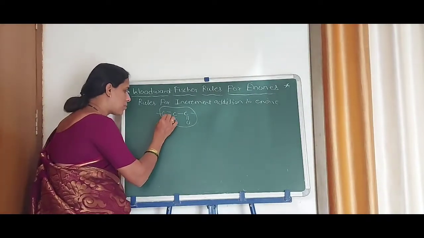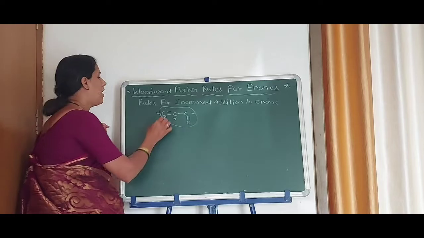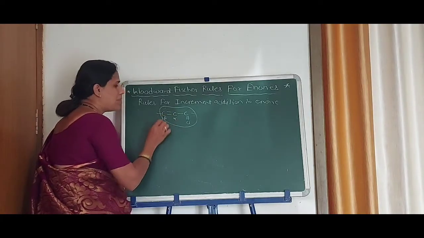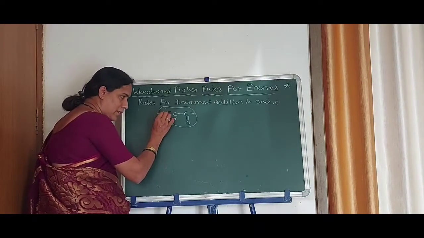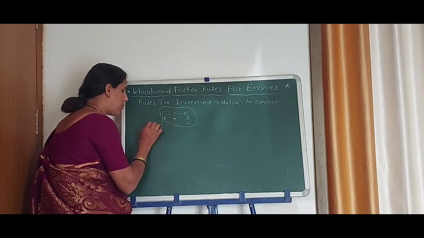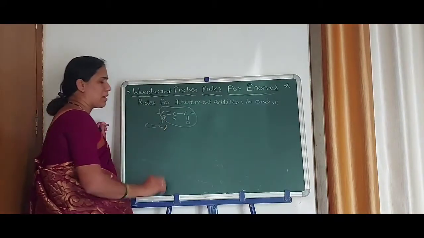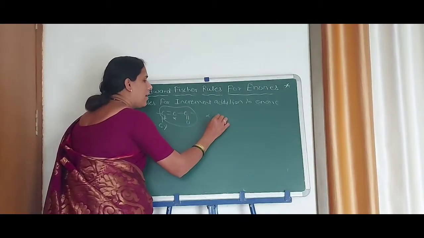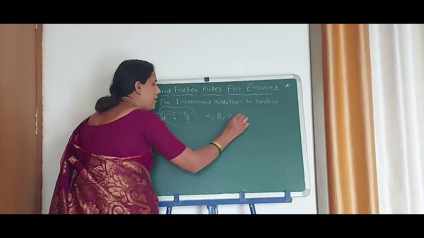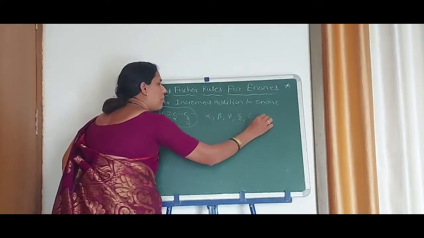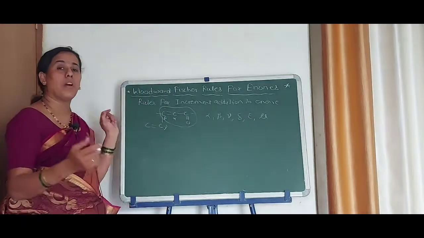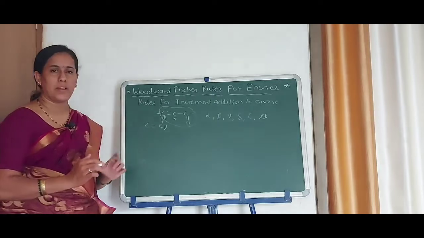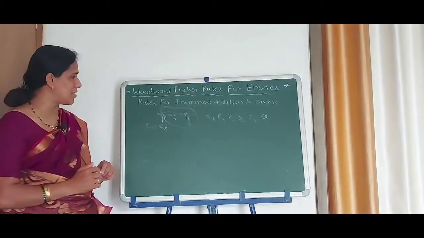The carbon adjacent to the alpha carbon is called the beta carbon, and the one adjacent to the beta carbon is called the gamma carbon. And so on: alpha, beta, gamma, delta, epsilon, and so on. Up to this, we number the carbon atoms in the enone system.